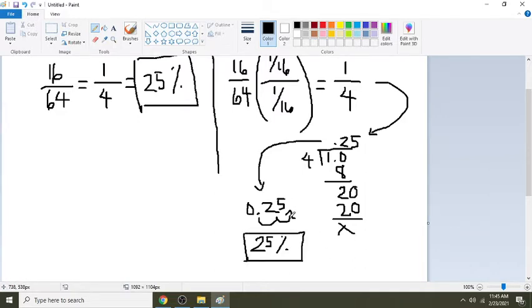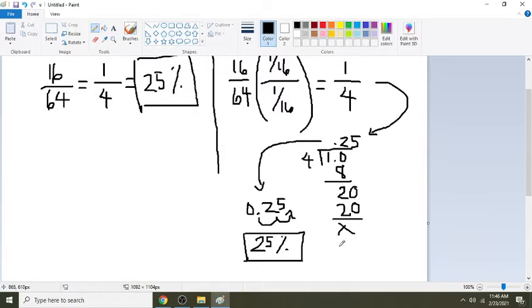That's it. It would be easier if you have prior knowledge about the multiples of 16 and the fourths.